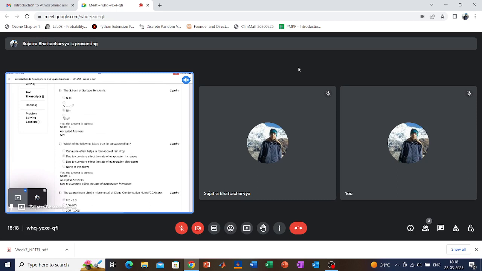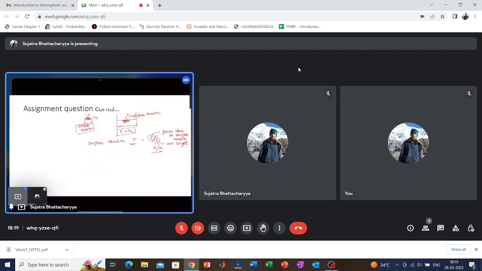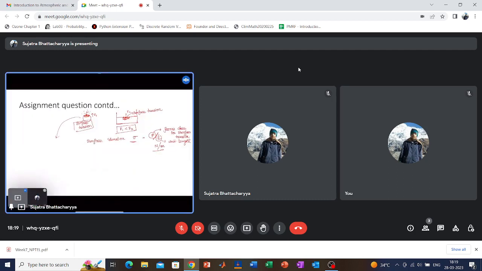Seventh question: which of the following is or are true for the curvature effect? Curvature effect helps in formation of raindrop. Due to curvature effect, the rate of evaporation increases. Of course, this is the right answer. Due to curvature effect, the rate of evaporation decreases, and none of the above. Of course, the rate of evaporation should increase. Why? Because as I have already discussed, for a more curved surface, the surface tension is less.